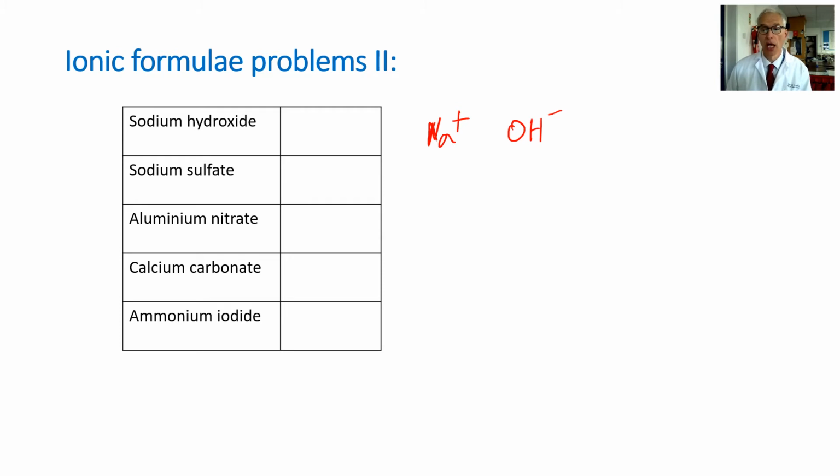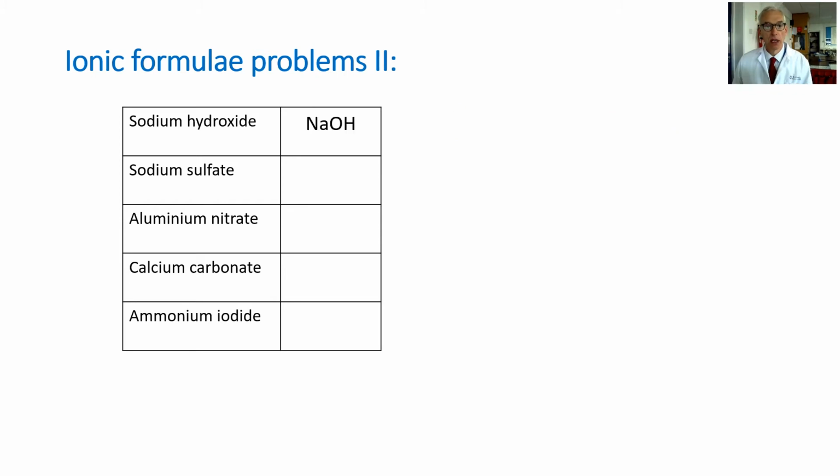If we have 1 sodium and 1 hydroxide, those sum to 0. So our formula is NaOH. Okay, so there's sodium hydroxide. Pause the video and write the correct formula for sodium sulfate.